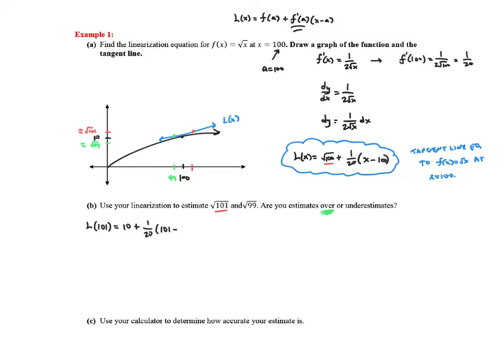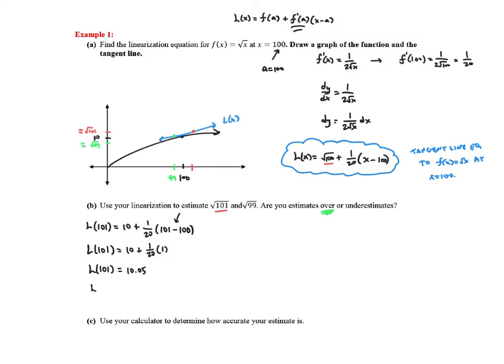So 101 minus 100, right? Because delta x here is 1, that's the change in x. So L of 101, or the linearization output for x equals 101, would be 10 plus 1 over 20 times 1. So my approximation is that the square root of 101 is approximately 10.05.